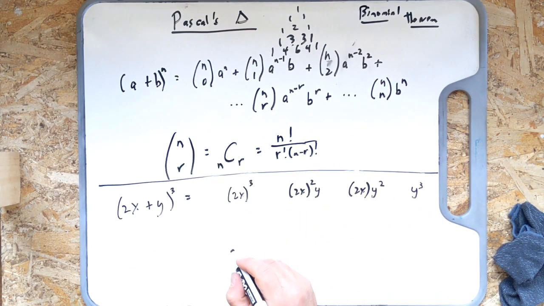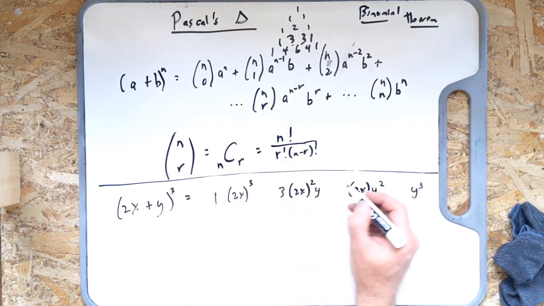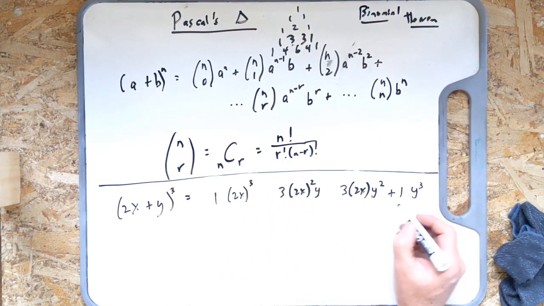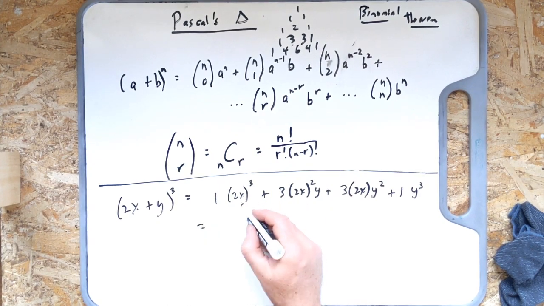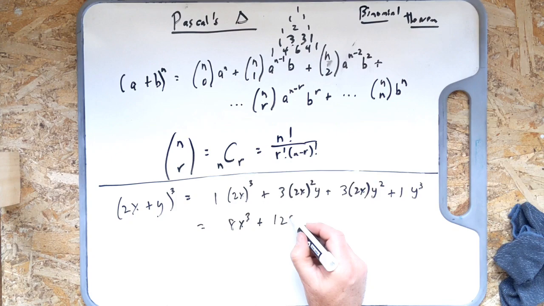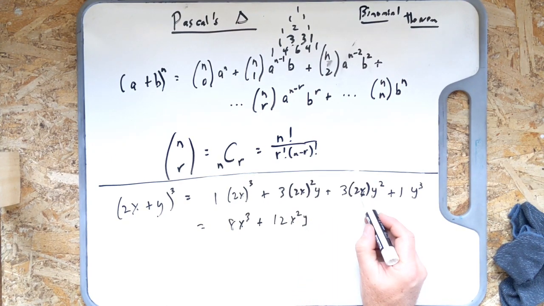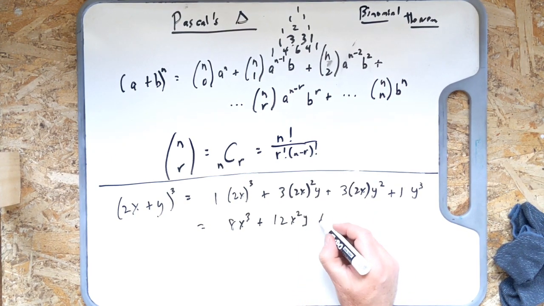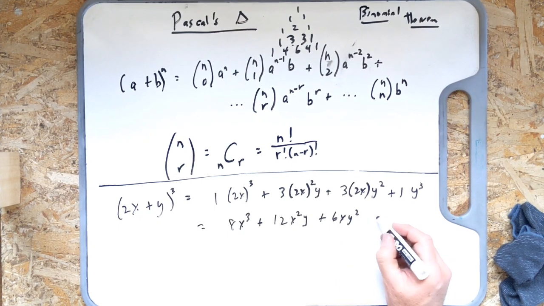And now I put the coefficients in, which is just 1, 3, 3, 1 from Pascal's triangle, and add them up. And I get 8x cubed plus 4 times 3, that's 12x squared y, plus 2 times 3, or 6x y squared, plus y cubed. And that should be it.